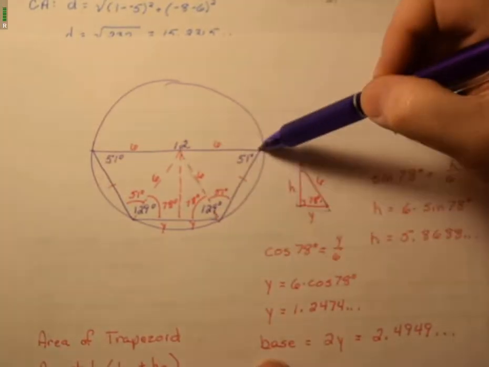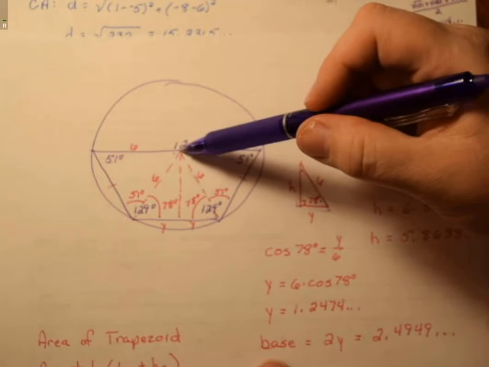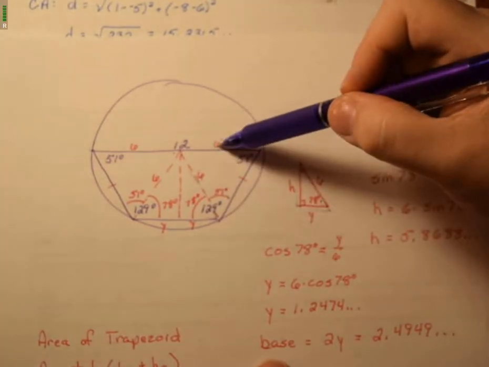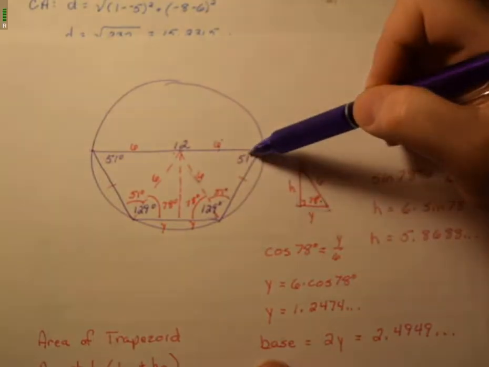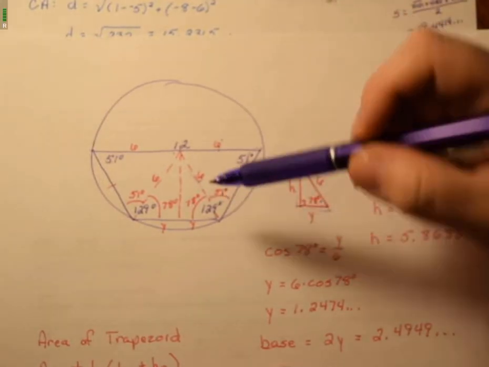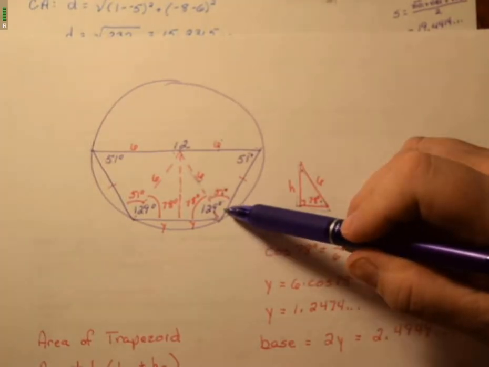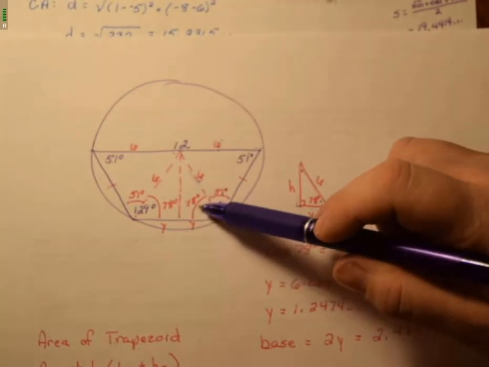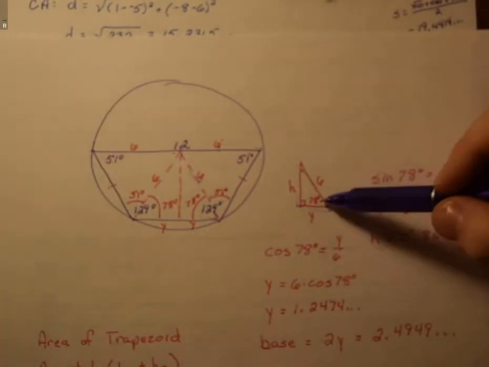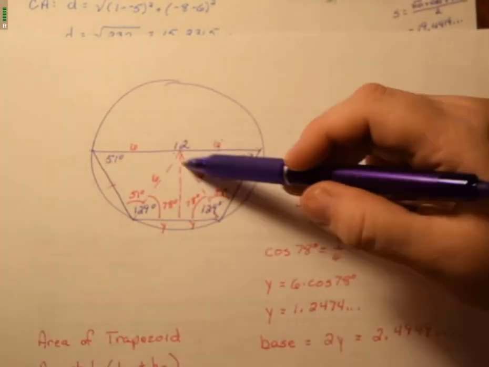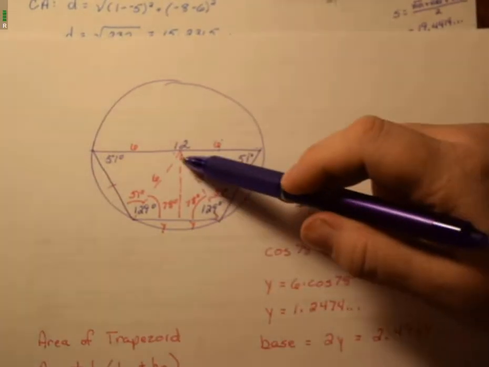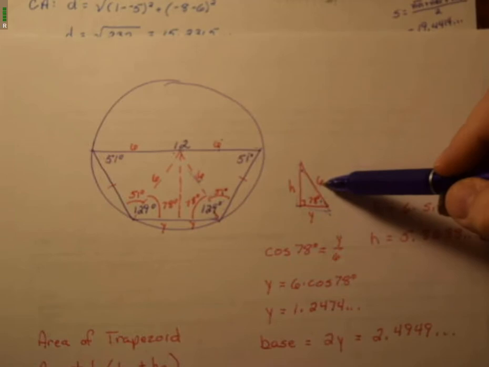If I look at this triangle here, we have an isosceles triangle. So 2 sides are the same, so their opposite angles are going to be equal. So this would be 51 degrees. And if this whole thing is 129 degrees, then this would have to be 78 degrees. So if I draw this triangle over here, this angle is 78 degrees, this side is 6.